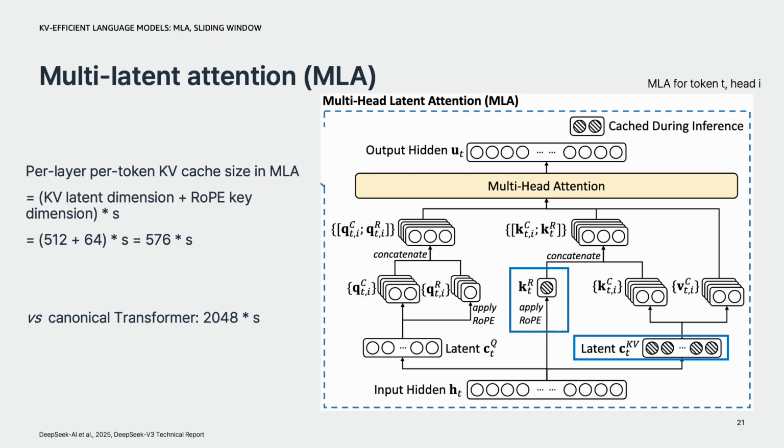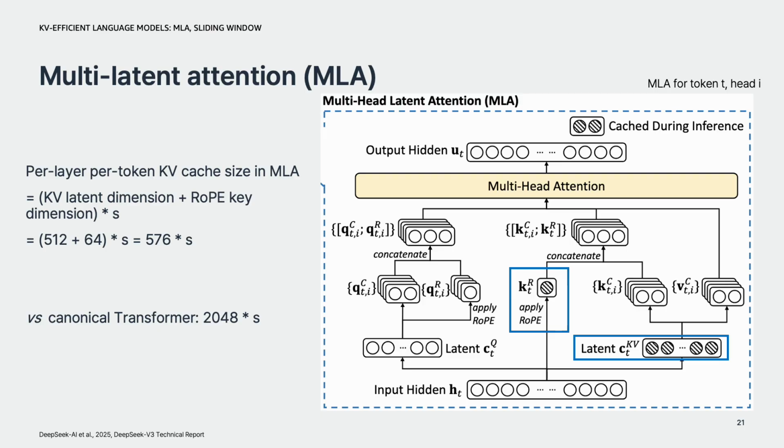And compare that to the canonical transformer. The KV cache size of the canonical transformer is 2048 times S. Here 2048 is given by 1024 times 2, where 1024 is the KV dimension.